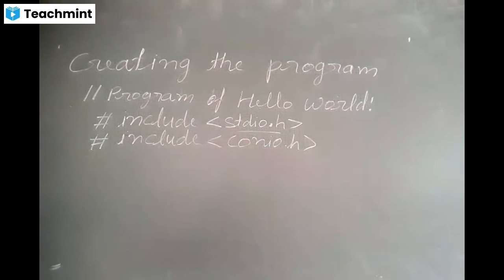Another thing is the definition section. What will we write in the definition section? When we need a constant value that will not change during the program, we define that value in the definition section.